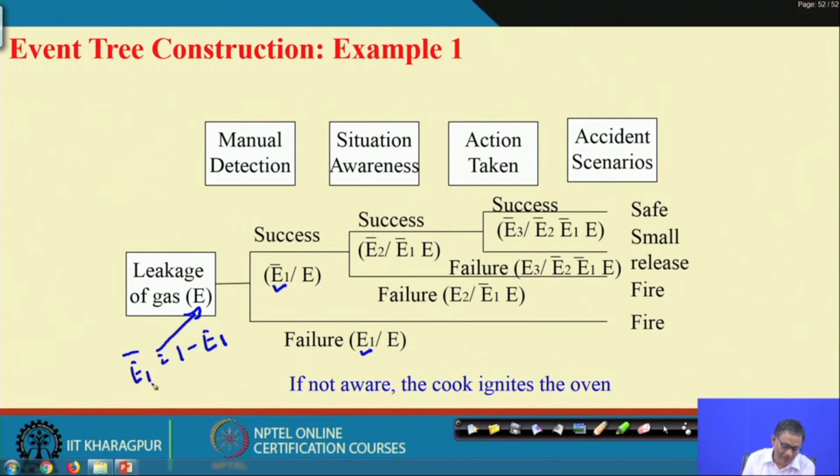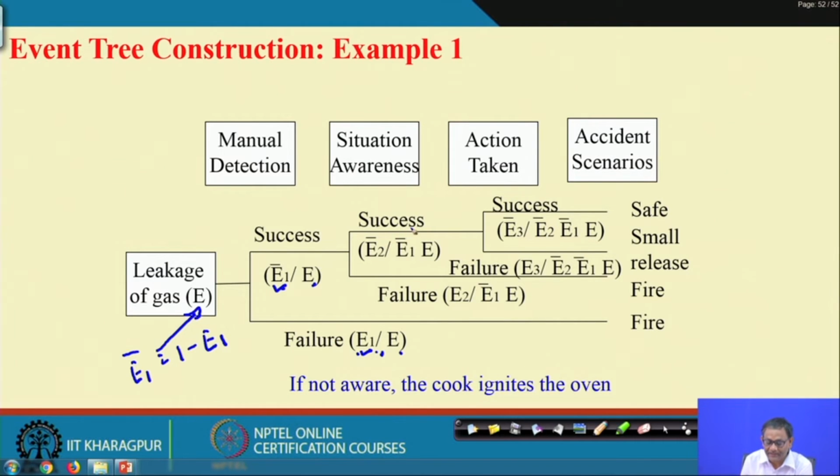So, event E1 bar means 1 minus E1. So, in that way manual detection failure here, then here E1 bar given E, here also E1 given E. Why are we giving E? We are saying that leakage is there.